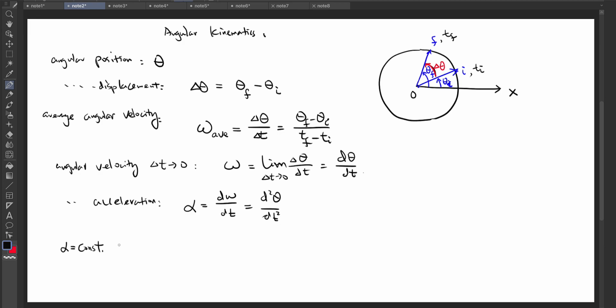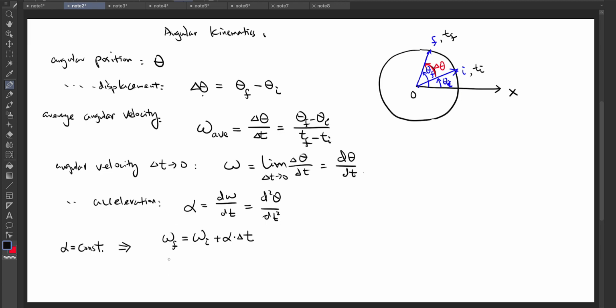Okay, so now let's see what kind of equation we have here. We first have the final angular velocity as a function of the initial angular velocity plus the angular acceleration times delta t. And so that's the velocity relation. So now how about the displacement here?